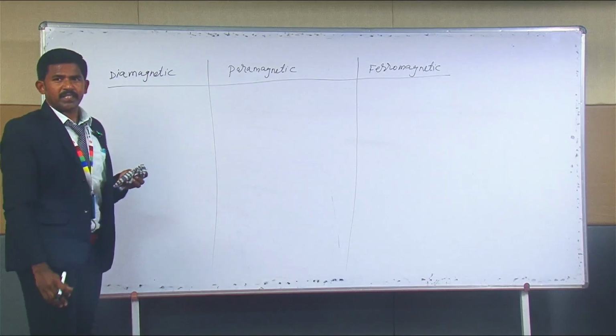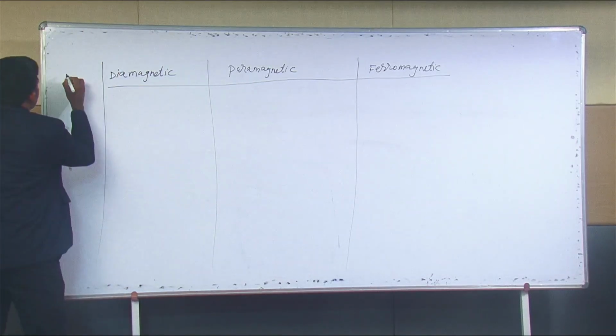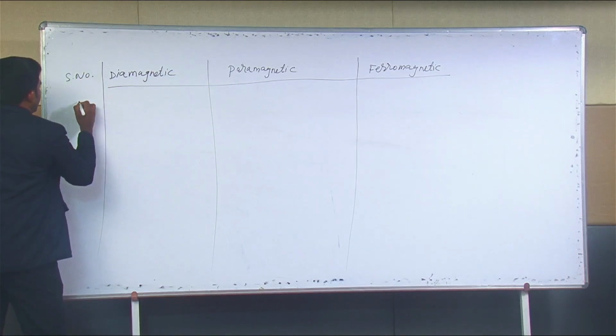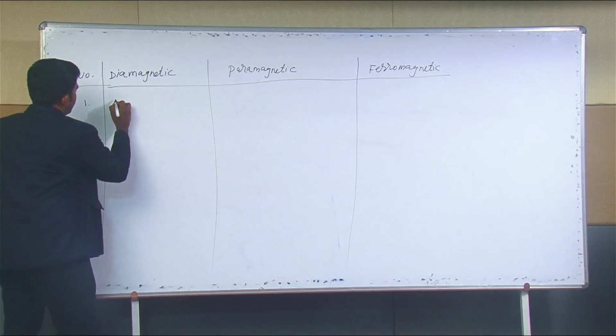First, consider number one. Diamagnetic materials don't have a permanent magnetic moment.